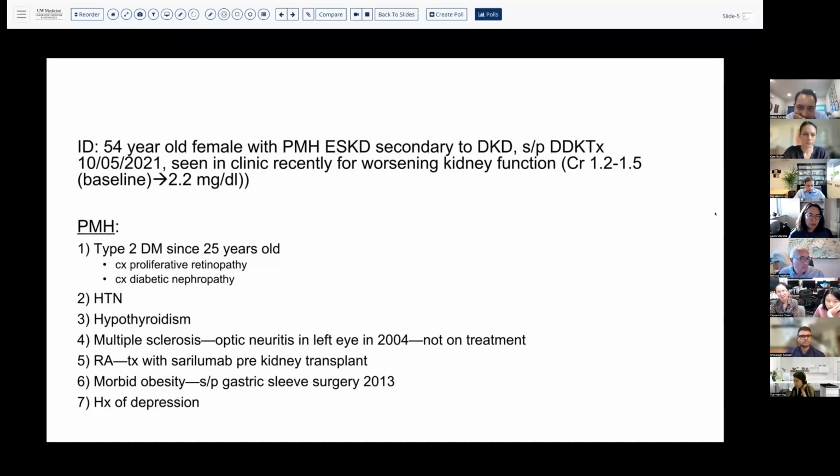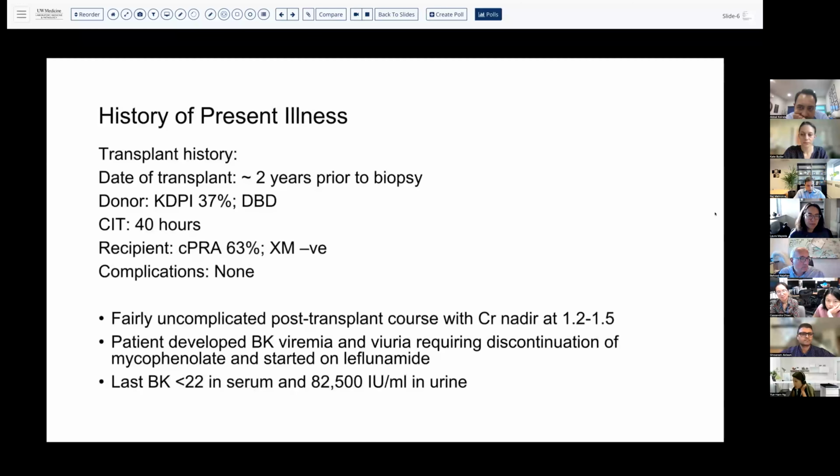Next slide, please. So her transplant history was fairly straightforward, essentially up until now. She had a transplant about 2 years ago and got a fairly good kidney with a KDPI of about 37%, from a brain dead donor. She had a slightly high PRA at 63%, but her cross-match was negative.